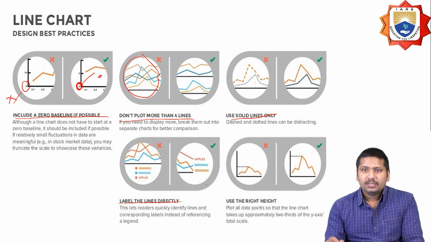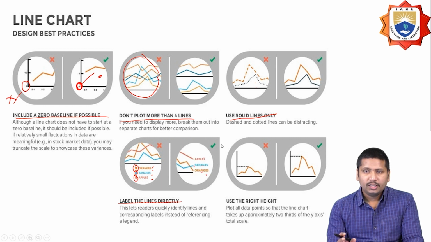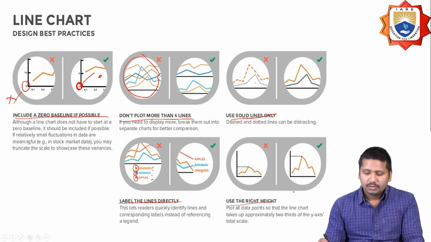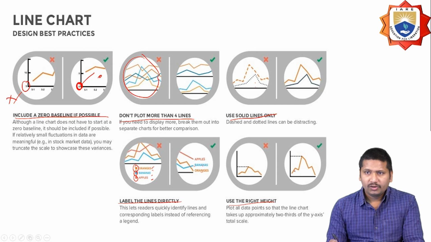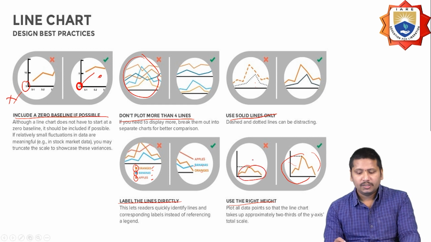And label the lines directly. What is this line meant for? Don't rely on orange, blue, and red colors alone to show what each is meant for. Here itself we can specify it, so that we can see the data exactly, and use the right height. If I decrease the value, the height looks good here, and it should be a little bit of a straight line almost all the way.